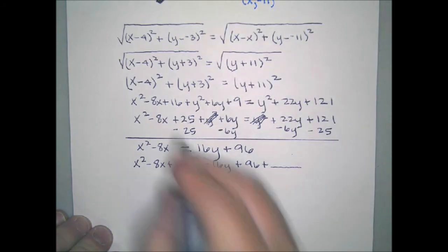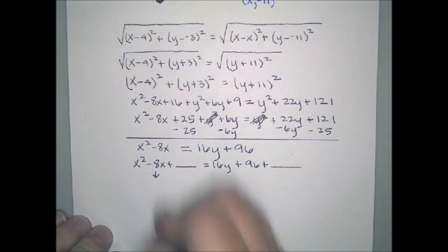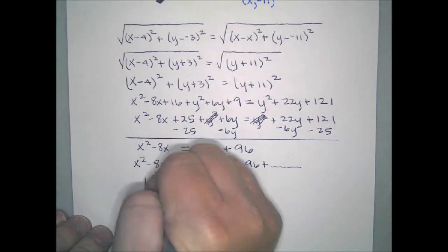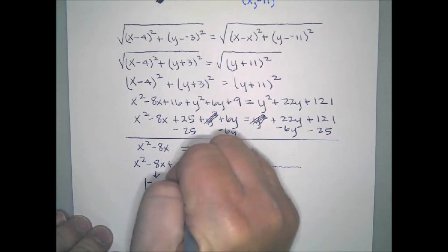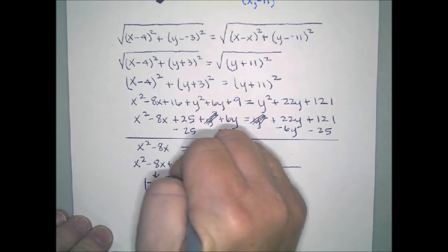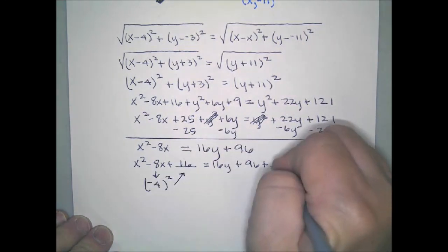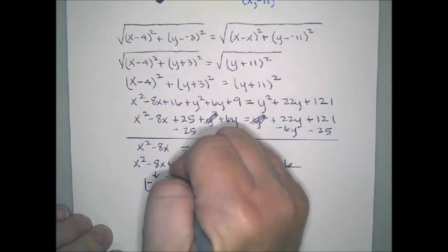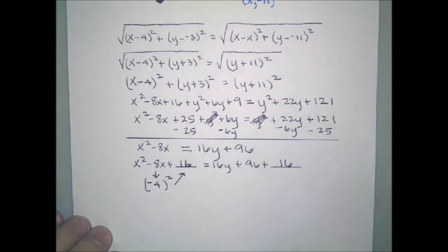So let's figure out what I need to do. Take negative 8, divide it by 2, and you get negative 4. Square that answer, and you get 16. What I do to one side, I have to do to the other. So I added 16 over here, so I need to add 16 over here.